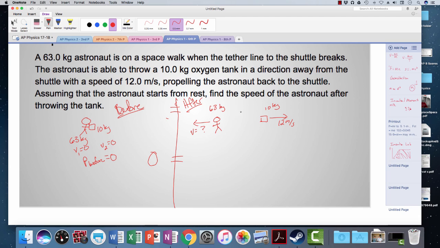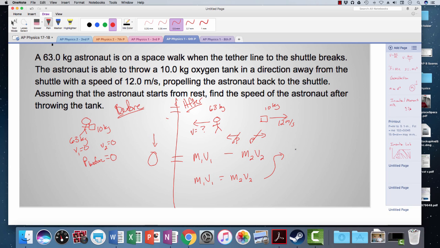Because over here, see how they go opposite directions? It's just going to be the momentum of the person minus the momentum of the object. So if I do algebra, these two things have to have the same momentum, right? Because they're going in opposite directions. This one's going this way, and that one's going that way. So these two momentum vectors have to cancel each other out so that I get a result of 0. So that means that the momentum of the person equals the momentum of the tank.